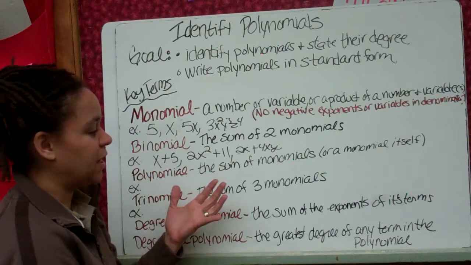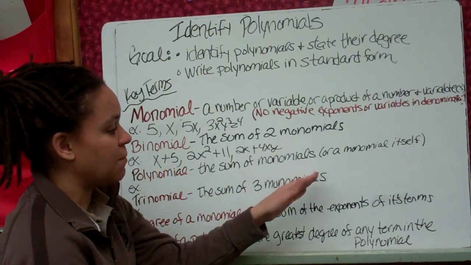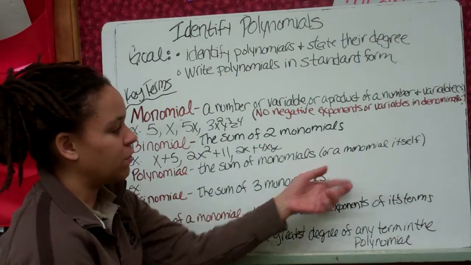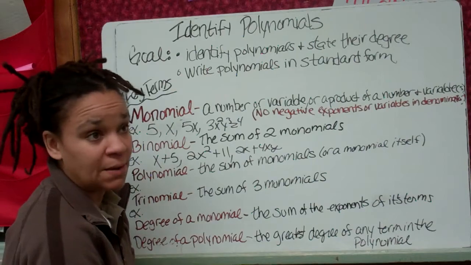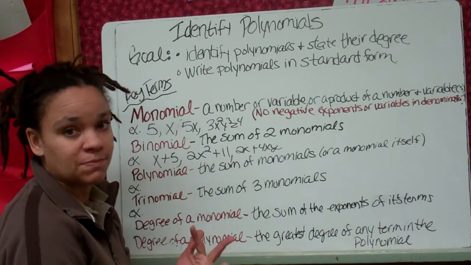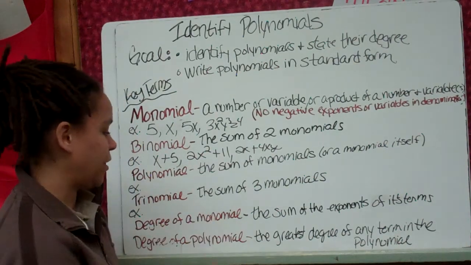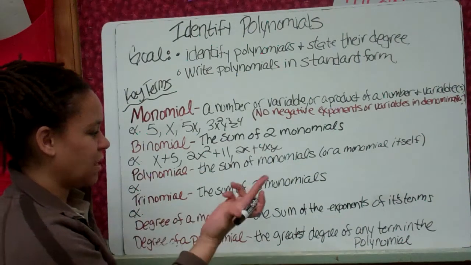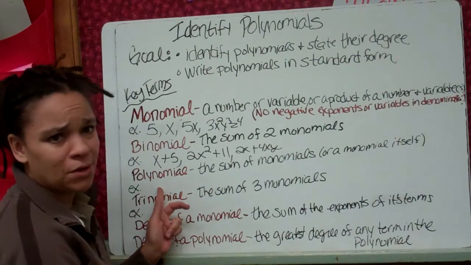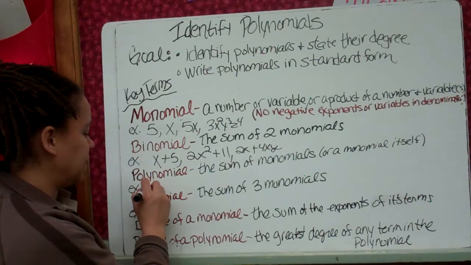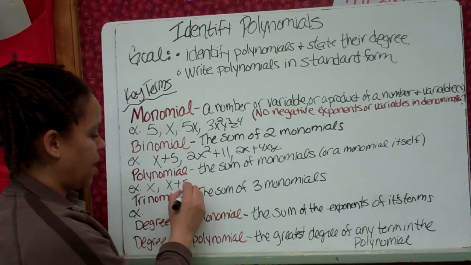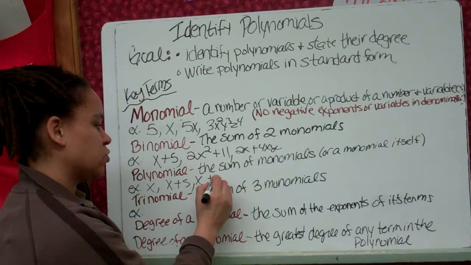Polynomial, now that you see what's happening, is a general term. It's just the sum of monomials, or a single monomial itself fits within a polynomial. If you say polynomials, you're including monomials, binomials, trinomials, any kind of nomials. So a trinomial is the sum of 3 terms. A polynomial can be anything. You may want to write an example that it still could just be a monomial, or a binomial, or a trinomial.